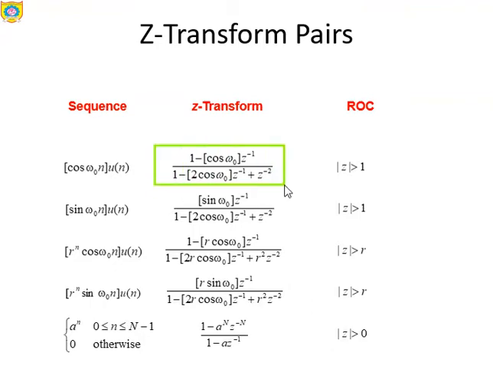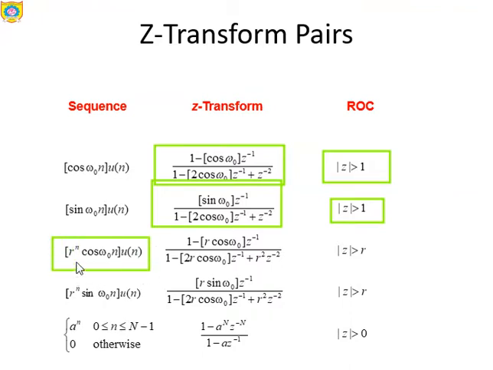So this is its Z transform, and its ROC is mod z greater than 1. Similarly, for sin omega 0 n u of n, this is the Z transform and this is the ROC. When we apply scaling, that is r raised to n, a slight modification is needed for the same formula which we have seen here.